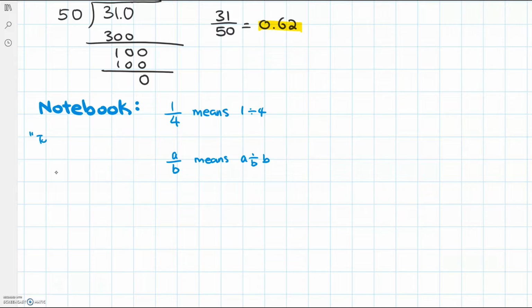To use words, it would be to write a fraction as a decimal. I hope you're writing with me.